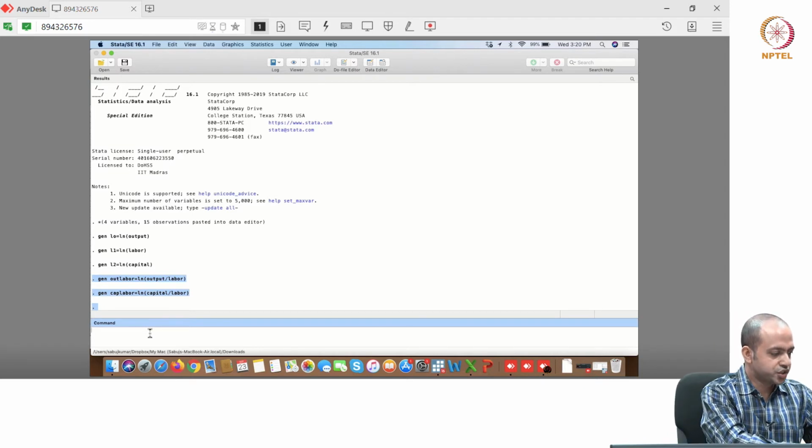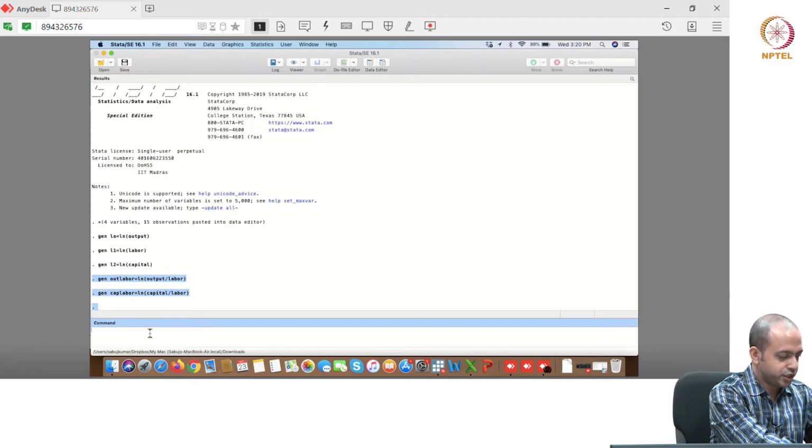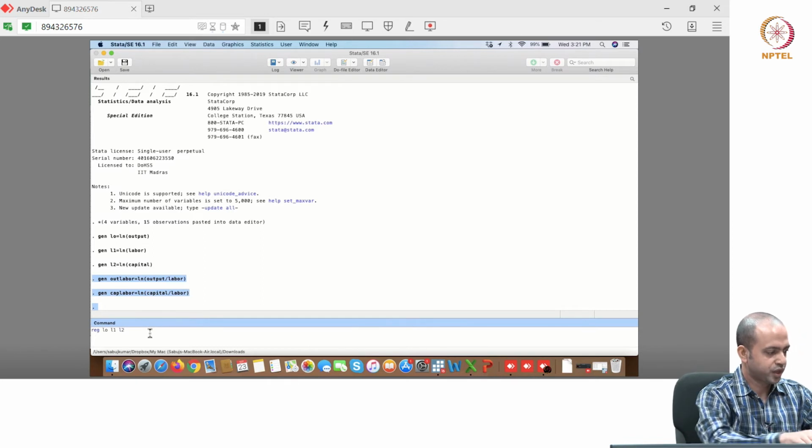What is the unrestricted version? It is simply reg, where your dependent variable is now LO, sorry, this is not zero, this is O, LO, and the independent variables are L1 and L2.